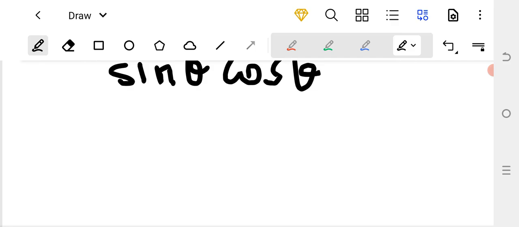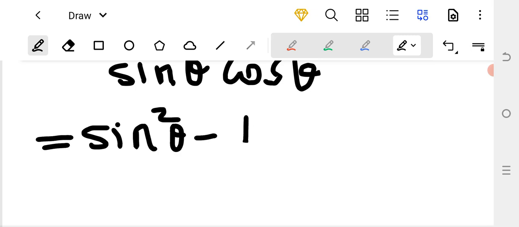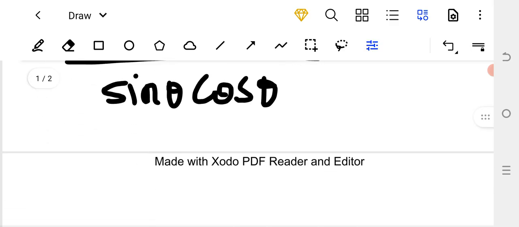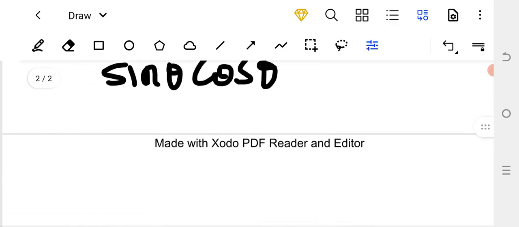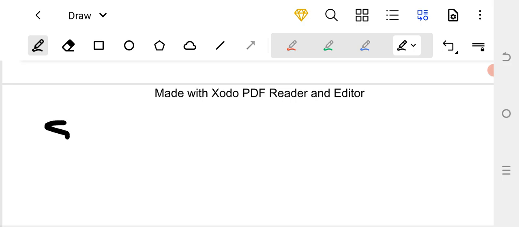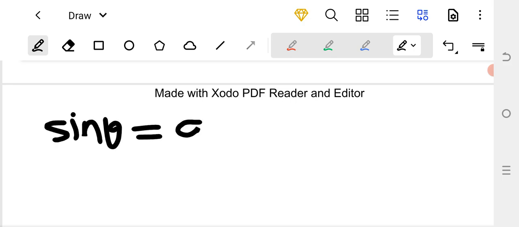So we are going to say is equal to sine theta squared minus 1 divided by sine theta cos theta. Then at this point in time, sine theta squared minus 1 almost looks like an identity that we know, but we do not know it. So what we are going to say is that we know sine theta squared is equal to what? 1 minus cos theta squared.